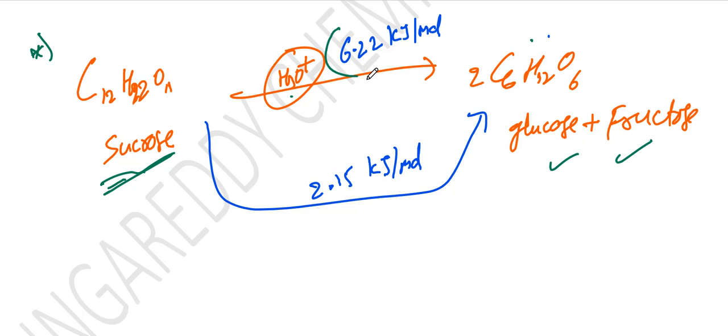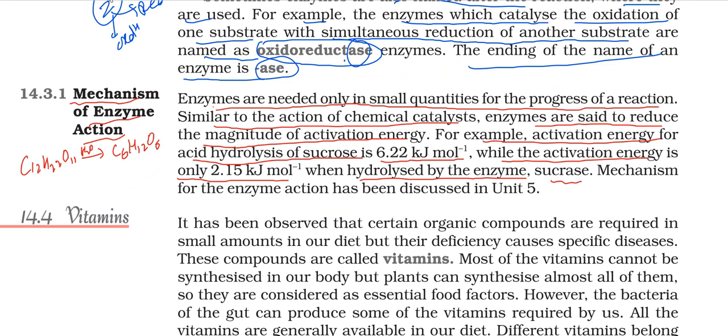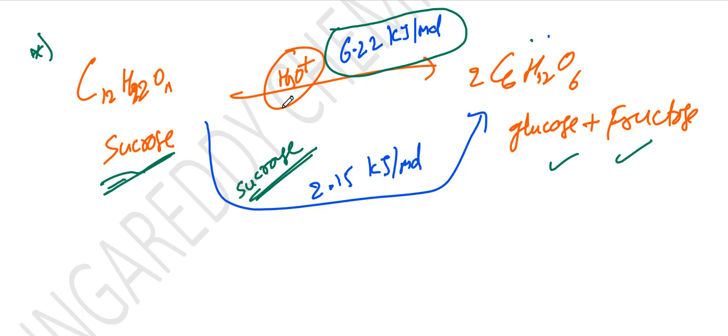For that, 6.2 kilojoule per mole energy is required for hydrolysis. Suppose if you use the catalyst, that is enzyme, of course sucrase, then it's required only 2.15 kilojoule per mole.